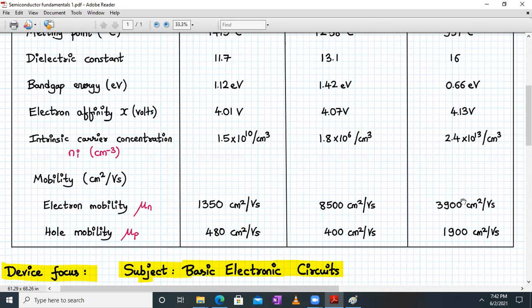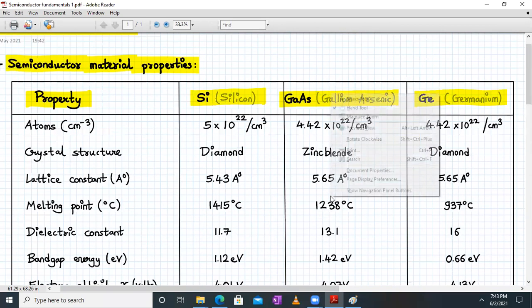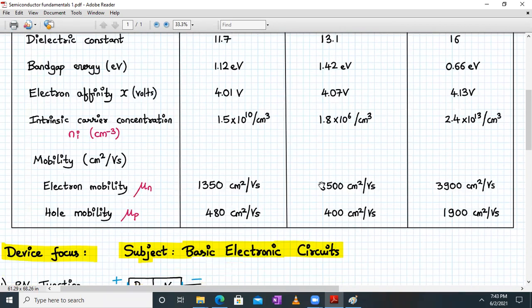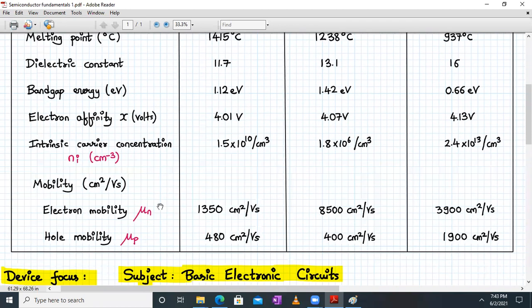For germanium, it's quite high, almost 3 times. It's around 3900 for electrons, and the mobility of holes is also higher, 1900 centimeter square per volt second. For gallium arsenide, the mobility is tremendously high compared to silicon and germanium, around 8500, while the hole mobility is very less, 400 centimeter square per volt second.